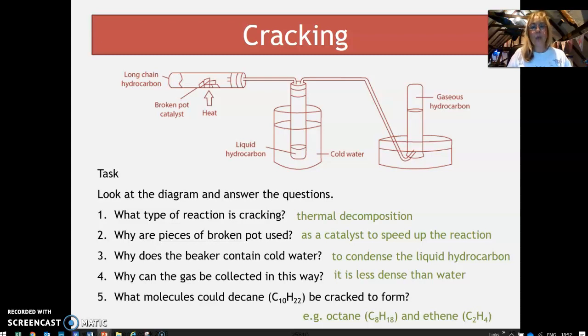Yes, well done. It was bromine water. And if it was in fact an alkene, it would go from an orangey brown color to colorless, and that would tell me that I have an unsaturated molecule like the alkene.